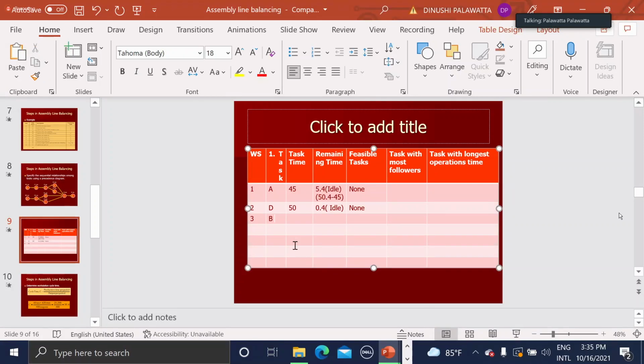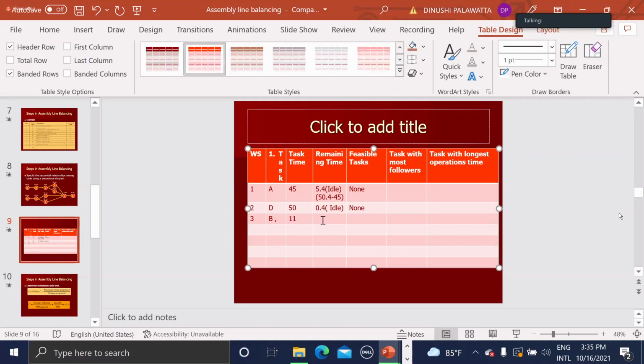And then E's time is 11 seconds. So the remaining time is 39.4. That is, you get that from 50.4 minus 11. Okay.